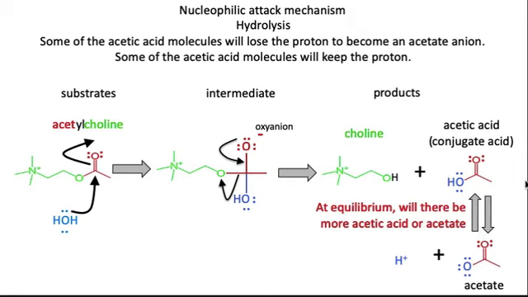And in fact, if you have acetic acid and acetate in your body, will there be more of the acid form or more of the base form? Please answer and explain why.